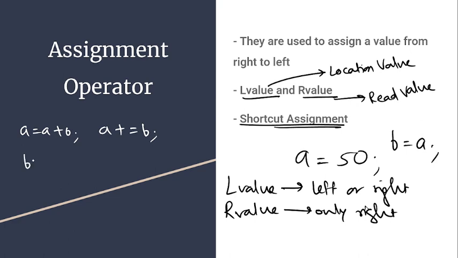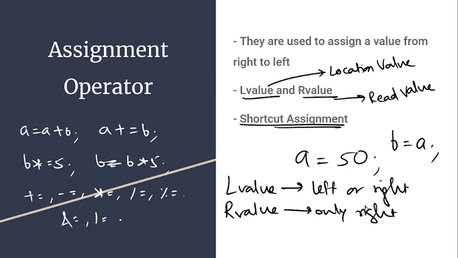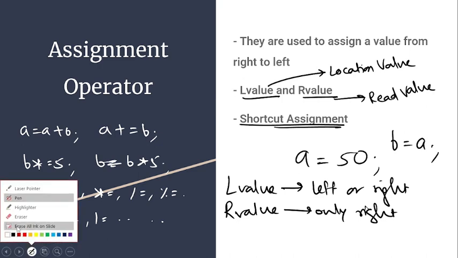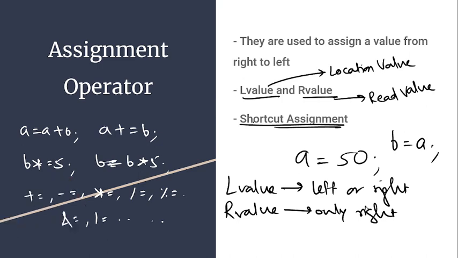I can have b *= 5, that is b = b * 5. So +=, -=, *=, /=, %=, &=, |=, and so on. All these are considered shortcut assignment operators. Okay, so that is about the assignment operator.